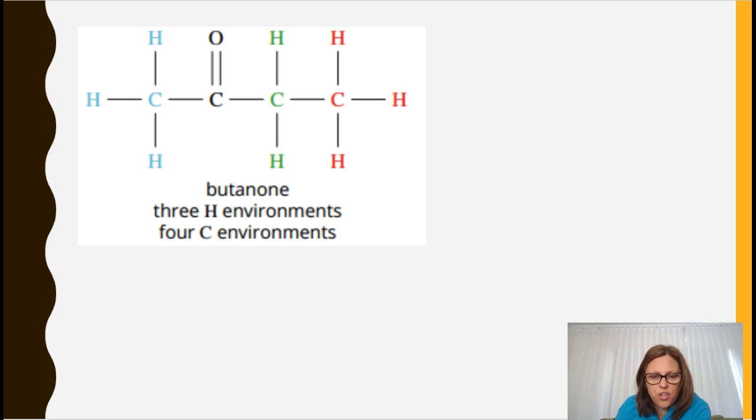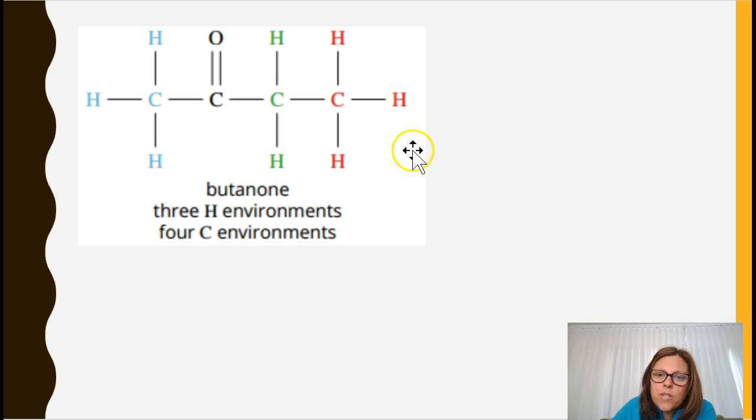So let's throw you out another one. Here we've got butanone. Pause the video if you wish and see if you can try and work it out yourself. Looking here, we have a CH3 environment. Again here we've got a CH3 environment, but these ones are different because of what they're attached to. If I look at these hydrogens, 1, 2, 3, these hydrogens are attached to a carbon that is fairly close to the carbonyl group.